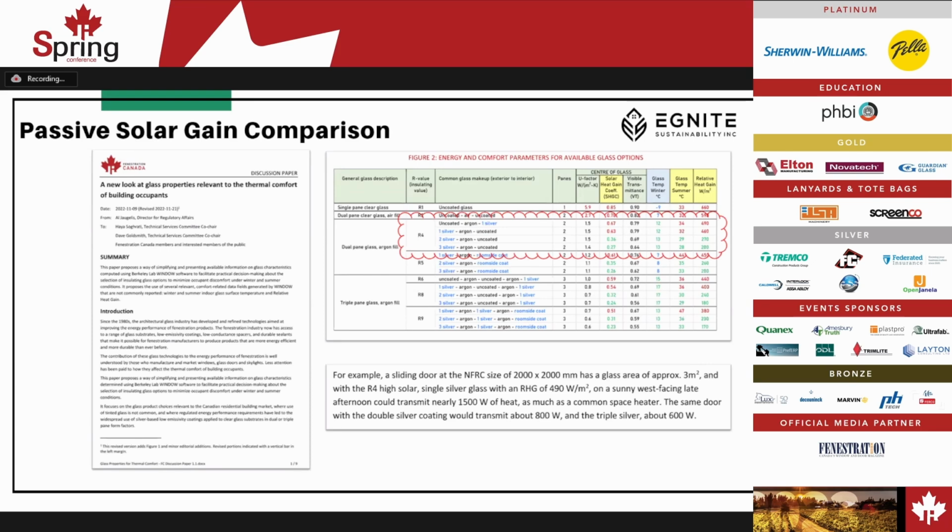And there's one really good quote that they have in here, an example on a sliding door. A sliding door with an NFRC size of 2,000 by 2,000 millimeters has an approximate area of around 3 meters squared. And a single silver glass with a relative heat gain of 490 watts per meter squared on a sunny west-facing late afternoon can transmit as much as 1,500 watts, equivalent to a space heater.